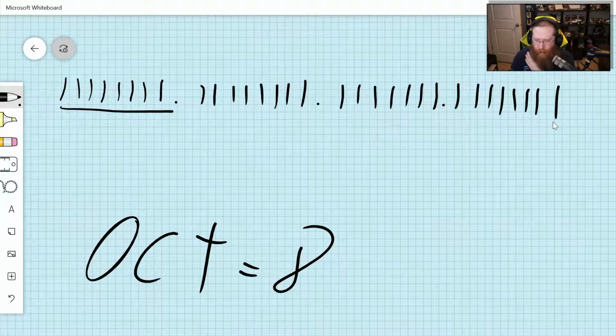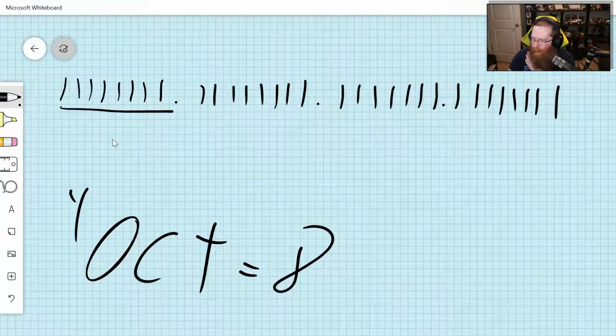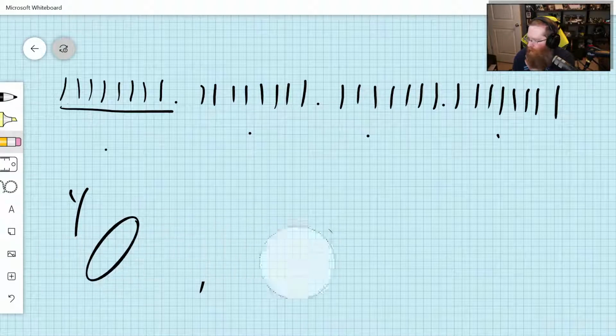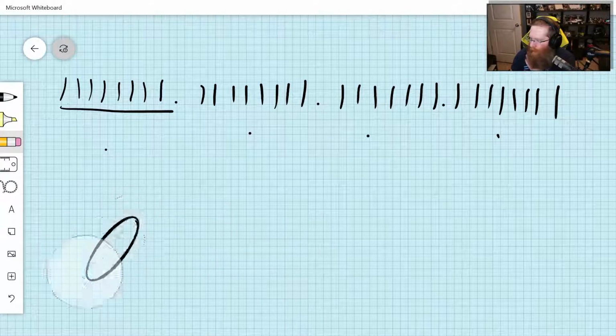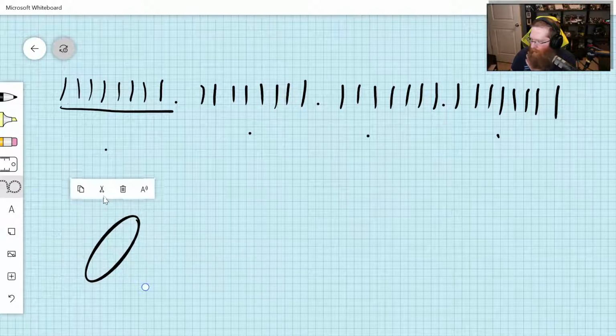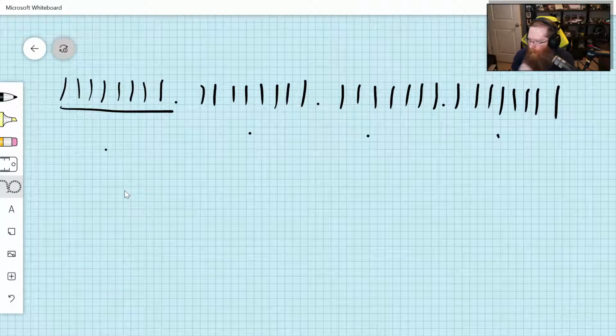If we were to have 4 octets, we would have 1, 2, 3, 4. Okay. So with these 4 octets, this is where we can start getting to IP addresses.